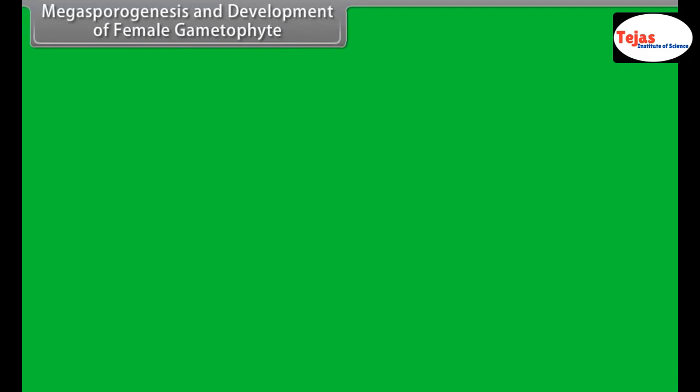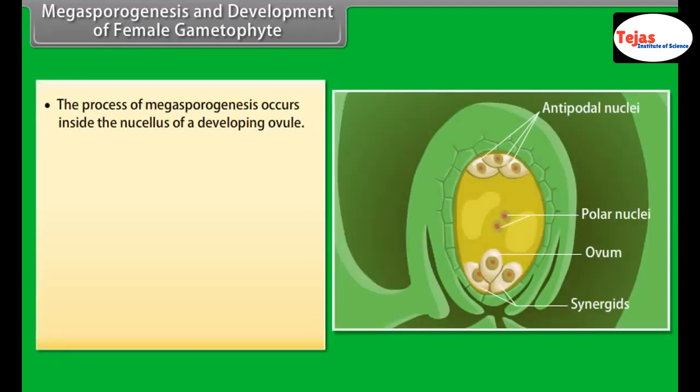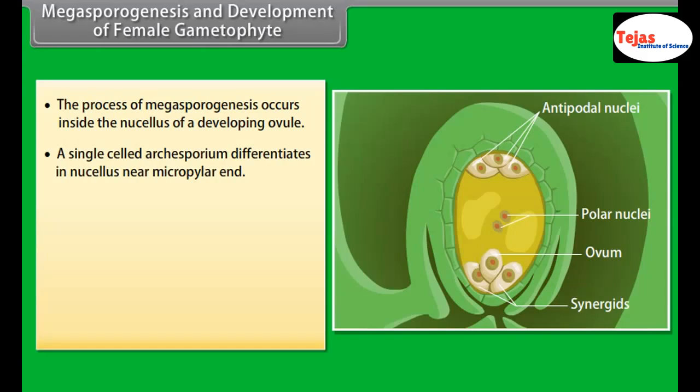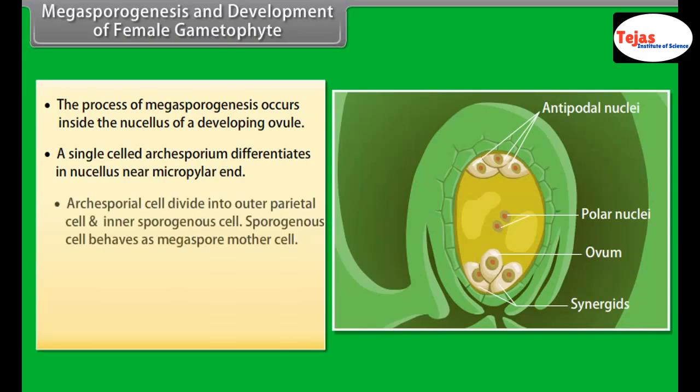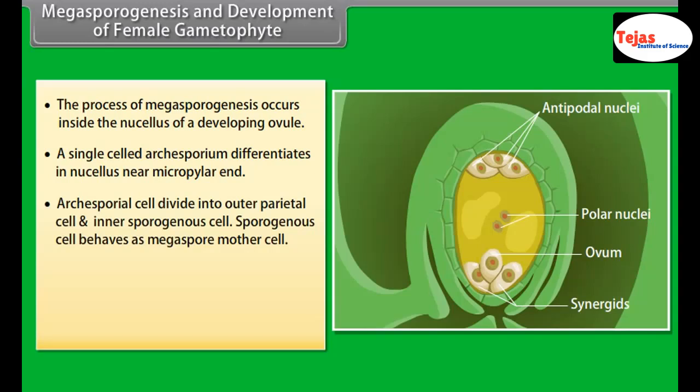Megasporogenesis and development of female gametophyte. The process of megasporogenesis occurs inside the nucellus of a developing ovule. A single-celled archesporium differentiates in the nucellus near the micropylar end. The archesporial cell divides into an outer parietal cell and an inner sporogenous cell.